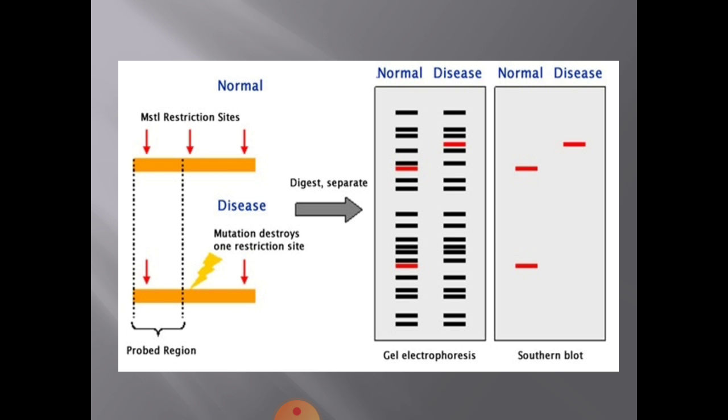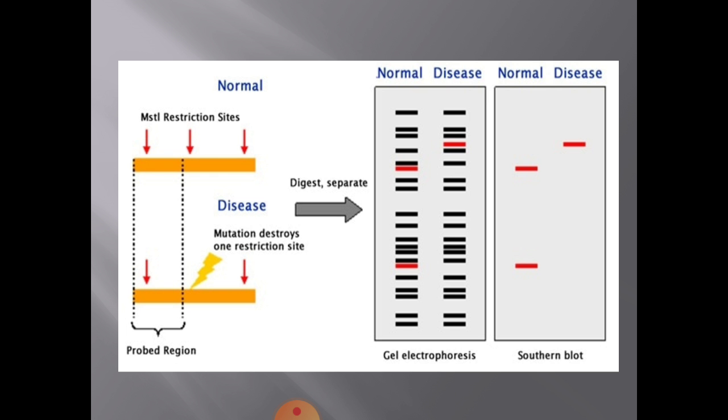This DNA fragment is from the diseased person. Now there are 3 restriction sites, and if there is a mutation, for example, this mutation would have destroyed one restriction site. Now, what all I explained, you have to do that: treat with restriction enzyme, then run on AGE, then hybridize, right?